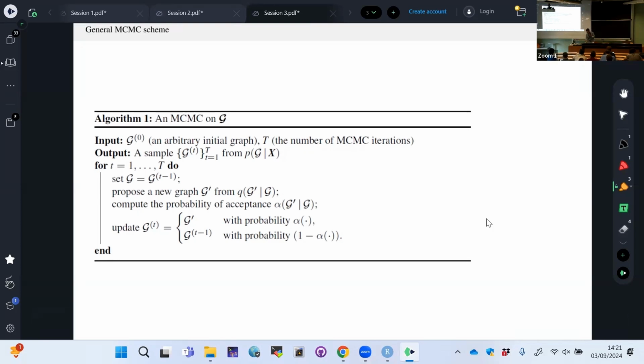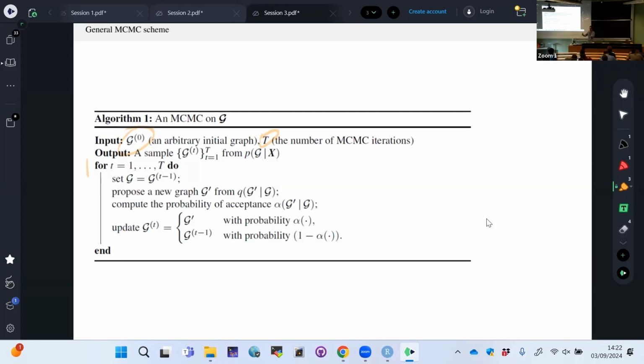And then we need to fix a number of MCMC iterations, say capital T. This algorithm will output a sample G_T, an approximate sample from the posterior of G. Basically this consists of a loop, which is iterated across T values, where at each step, let me call G the current graph, or the graph at time T minus 1. What we need to do is to implement 3 steps.